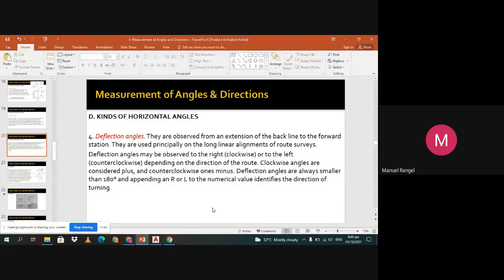Clockwise angles are considered plus, and counterclockwise ones are minus. Deflection angles are always smaller than 180 degrees, and appending R or L to the numerical value identifies the direction of the turning point.